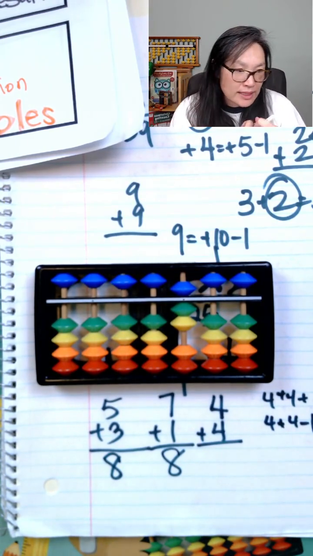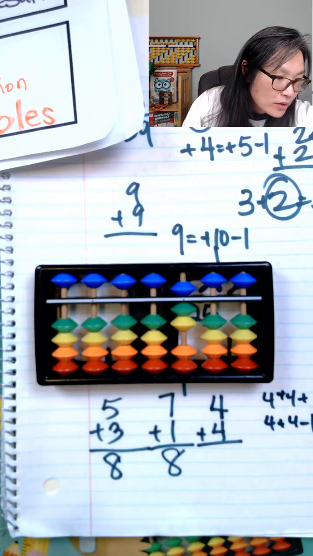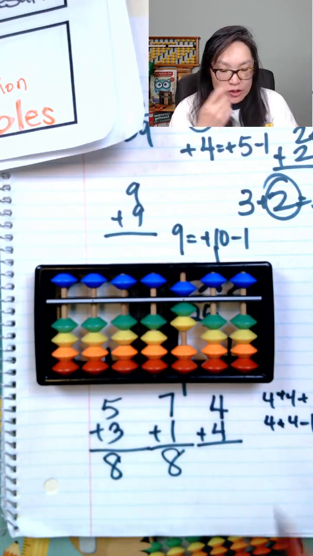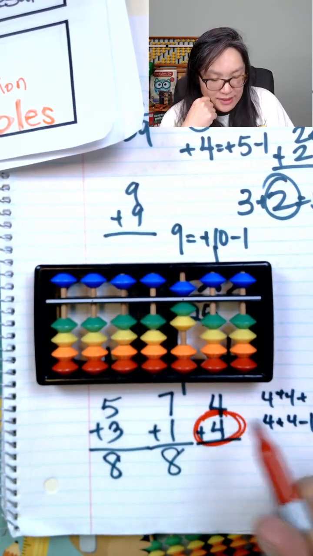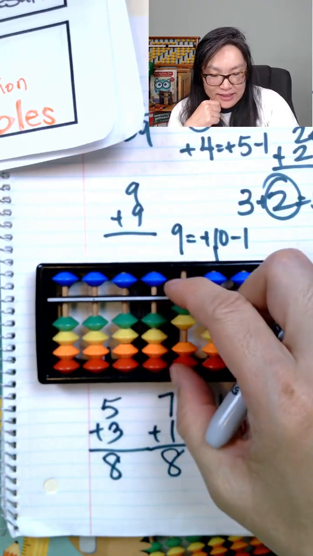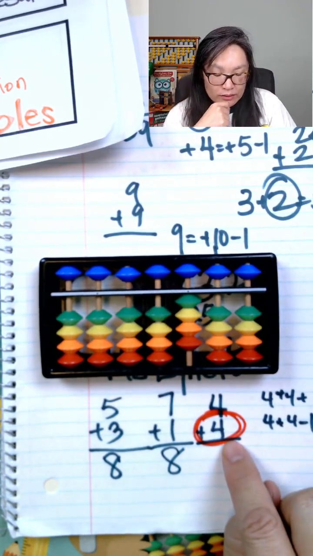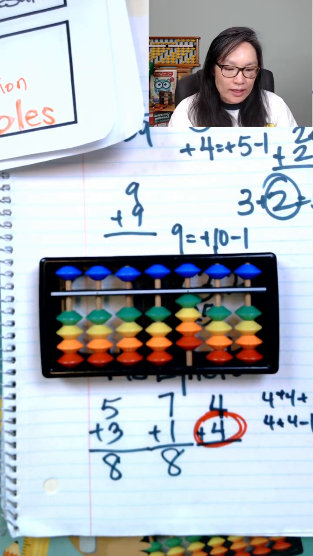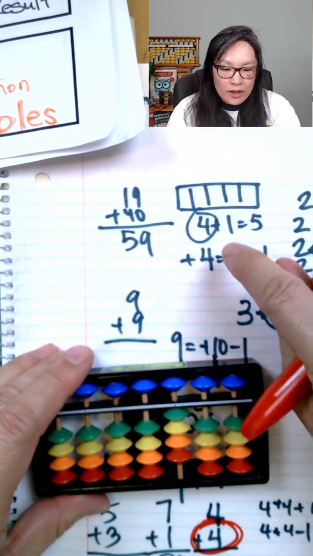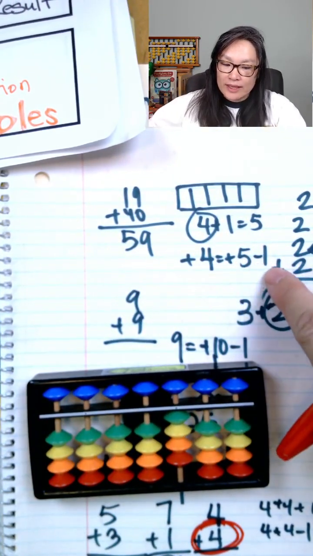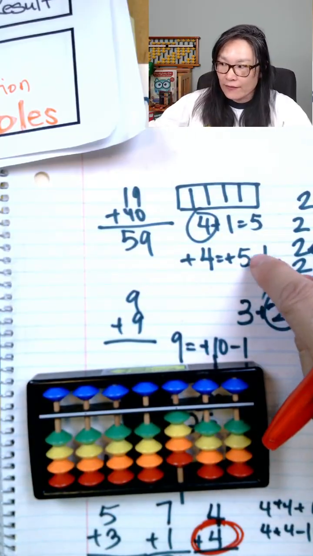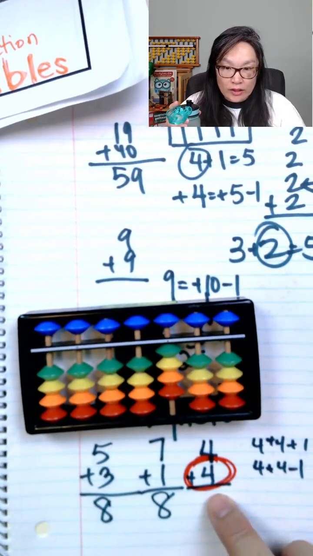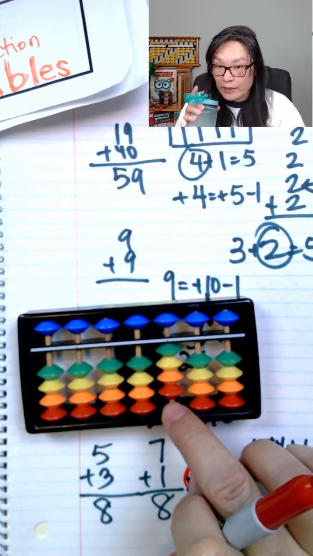But notice in Abacus, we actually don't worry about the result. What we worry about is the procedure, the process. So the process is the second add-in. This add-in is what we're concerned about and what we're going to be utilizing. That's why we start learning that plus 4 is equal to minus 5, plus 5 minus 1. So if you notice, here is the question, plus 4. Notice I don't have enough beats to add the 4.